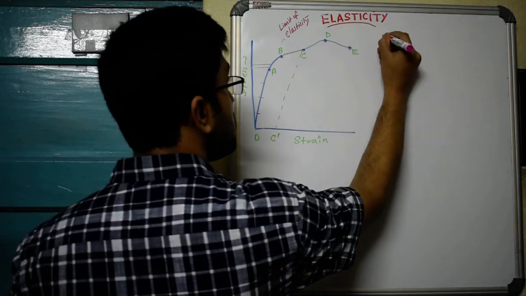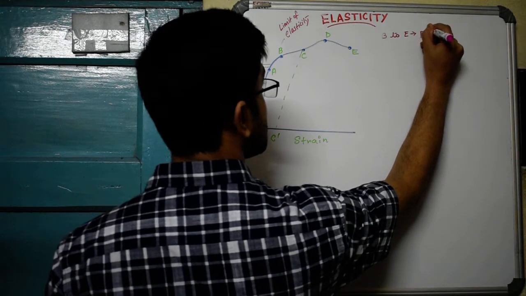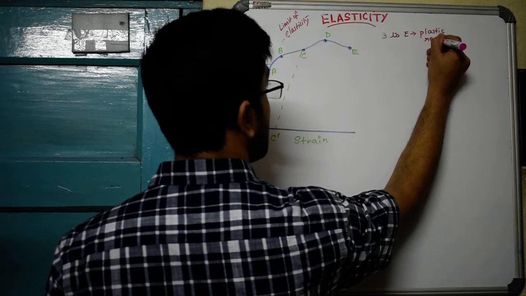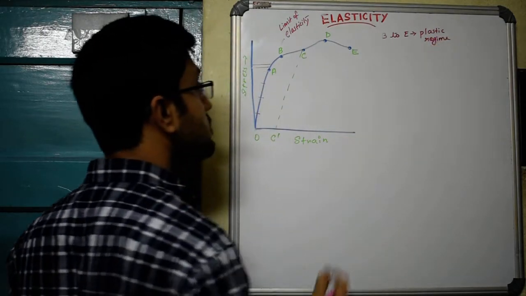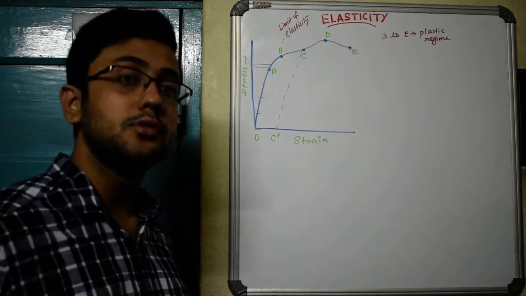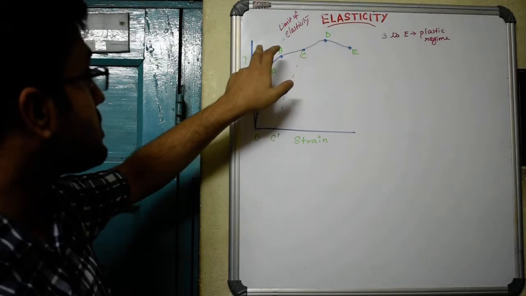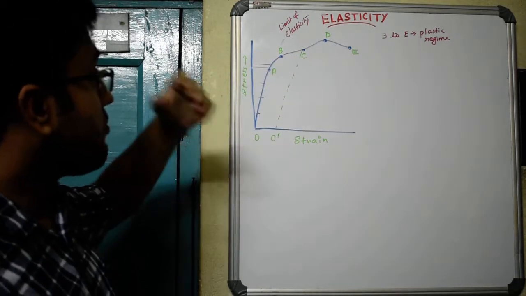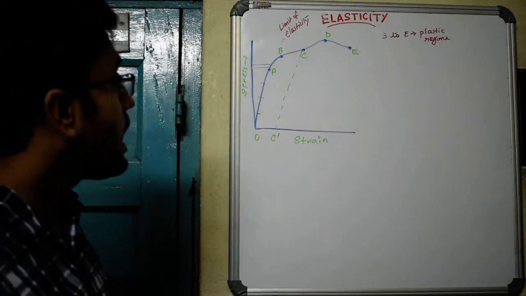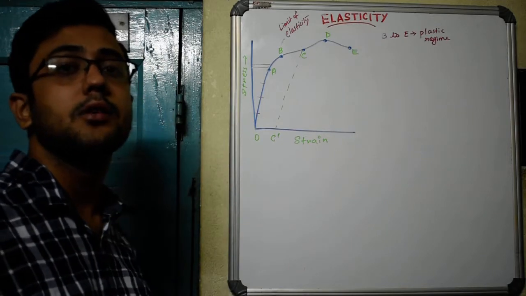From B to E, this region is no longer the elastic regime, but it is the plastic regime, which basically means that if I keep on increasing the force, the value of stress has now crossed the point B, and if I keep on increasing the stress even at this point, there is a permanent deformation in the length of the wire.